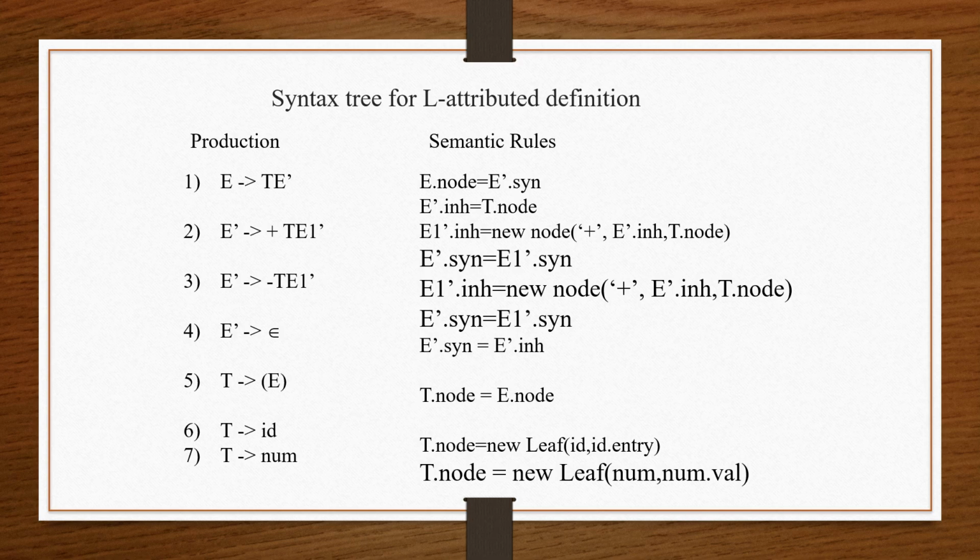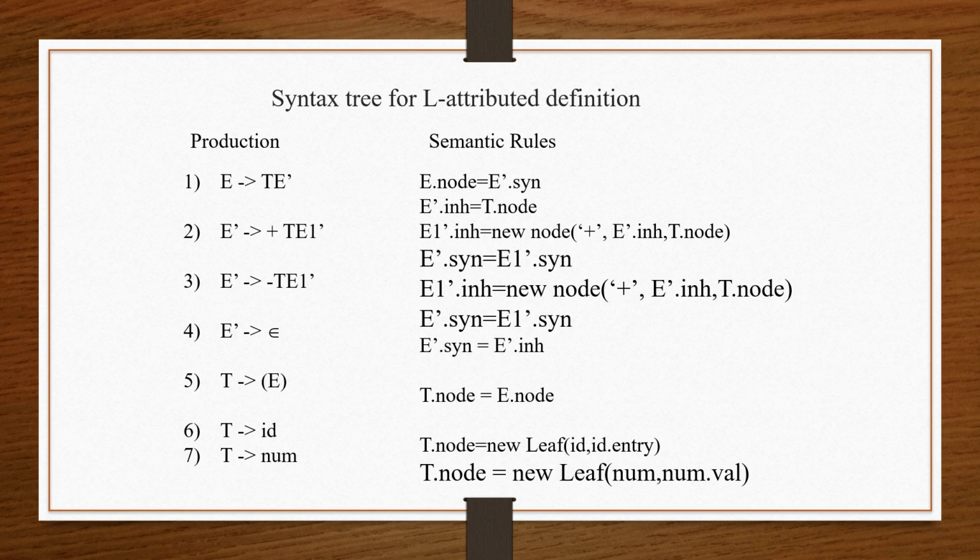Attribute E dash dot INH represents the partial syntax tree constructed so far. Specifically, it represents the root of the tree for the prefix of the input string, that is, to the left of the subtree for E dash.